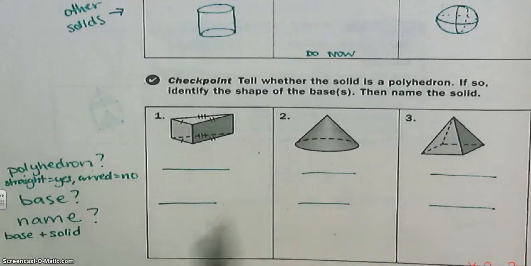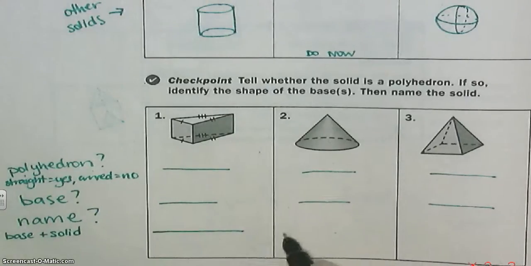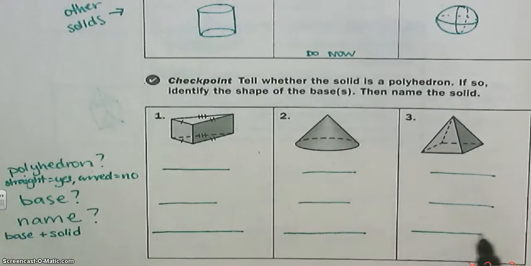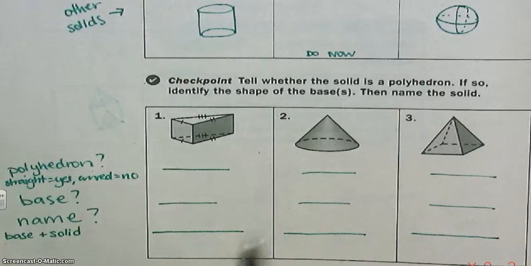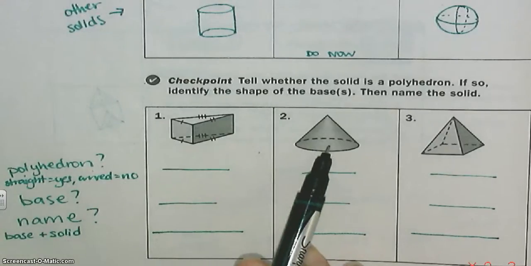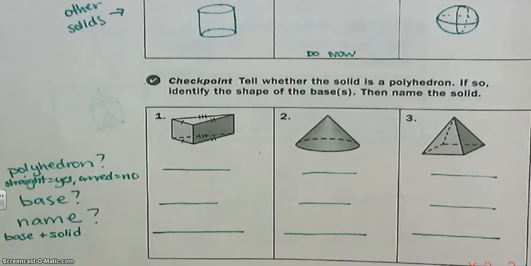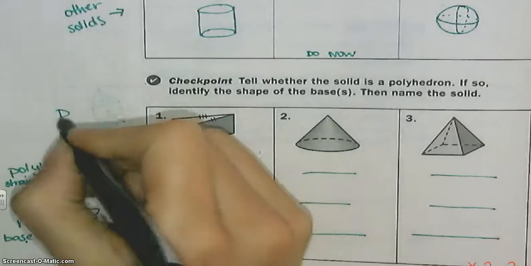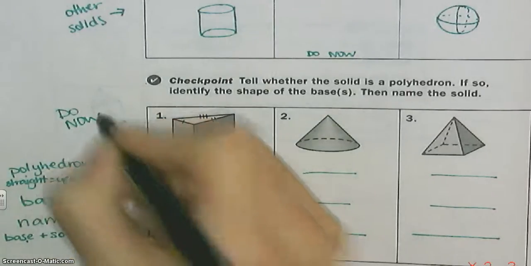So think about what the base is. And in here, you can say circular, but it's a little redundant. You don't have to use the name of the base when it's non-polyhedra. So do these now, please.